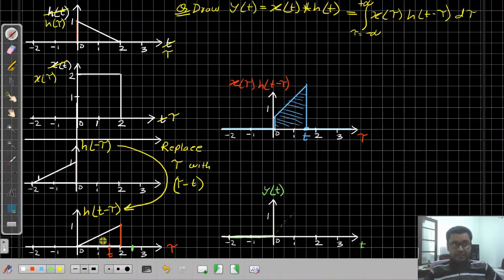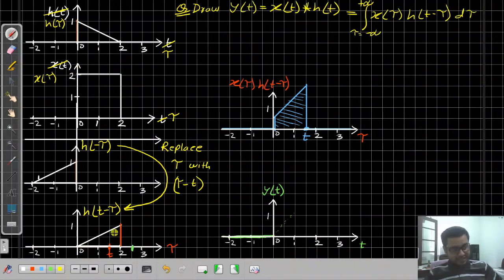So the value of y will be maximum at t equal to 2. How much will that value be? So let us multiply this with this and calculate the area. Now this is a constant, so I can calculate this area and multiply that with 2.